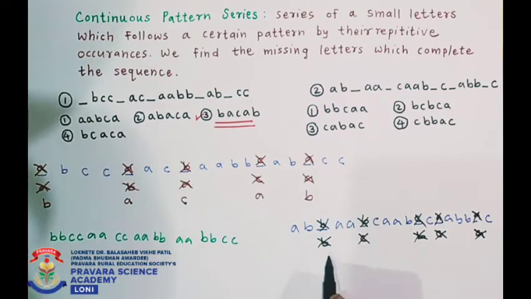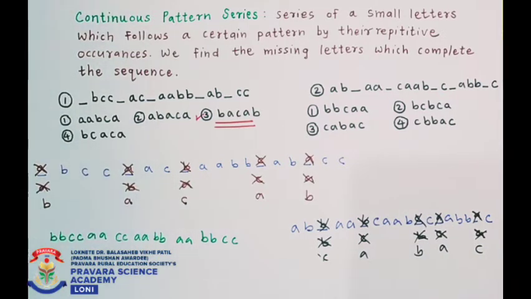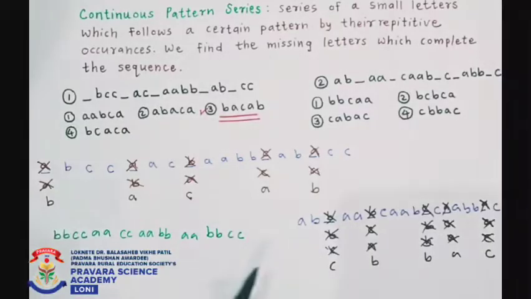So we'll go with the third one: C, A, B, A, C. Here you can see A, B, C, again A, C, A, B, B, C, A, B, B, C, C. Again there is no repetition pattern observed.